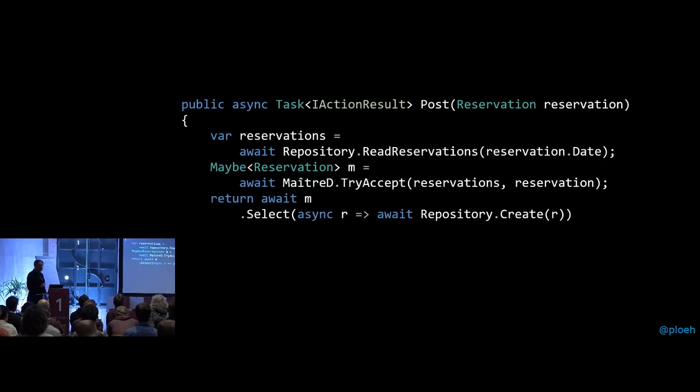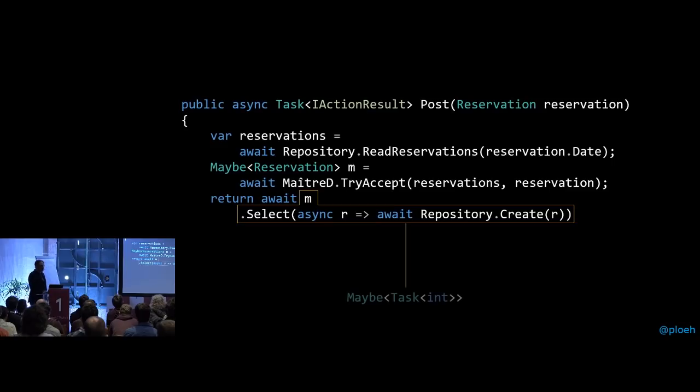So I'll just do that, and I'll say, well, I'm just going to take whatever reservation is inside, if there is one, and I'm going to call repository create. And repository create returns an int, so now I have a maybe of int. Well, not quite. I actually have a maybe of a task of an int, because this is asynchronous. But it's okay. Task is a monad, maybe is a monad, and that combination also turns out to be a monad, so all is good.